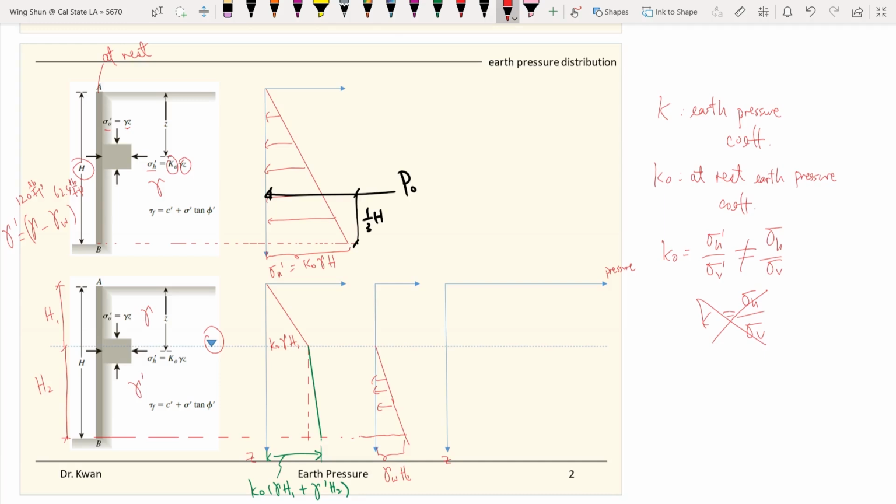And the overall pressure will be equal to the summation of the two.